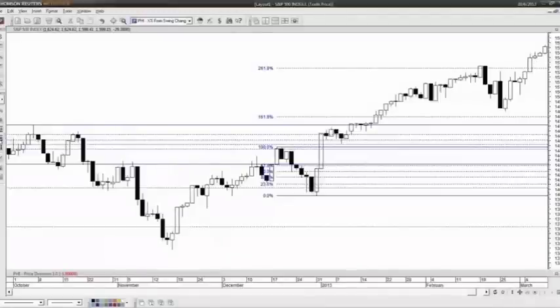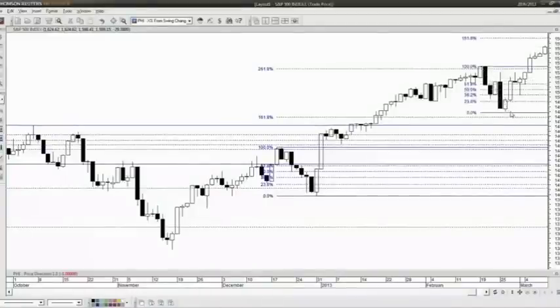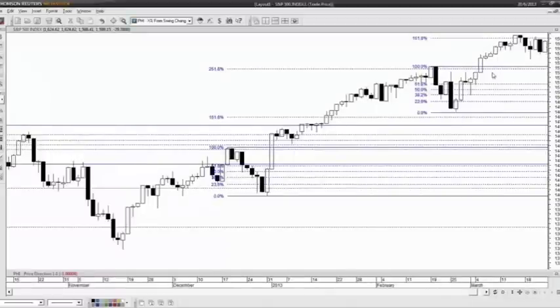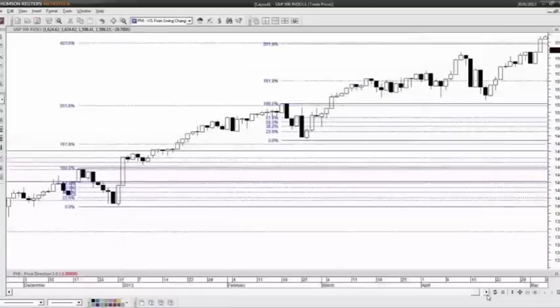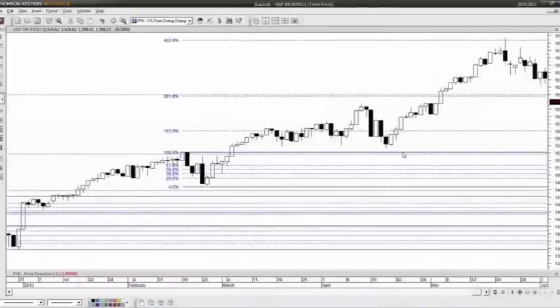So what you could do is buy again when the market breaks the high, let's say. And when it reaches the 161, look again what happens. The market corrects, and then it reaches the 261, and look at where the market finally found a top, at the 423.6 of that movement, yes?